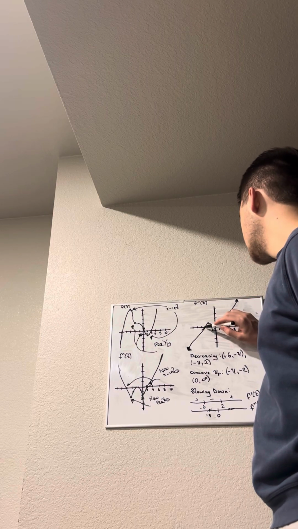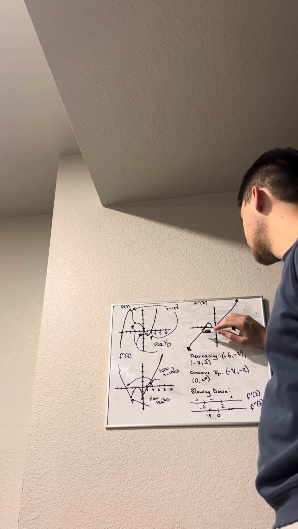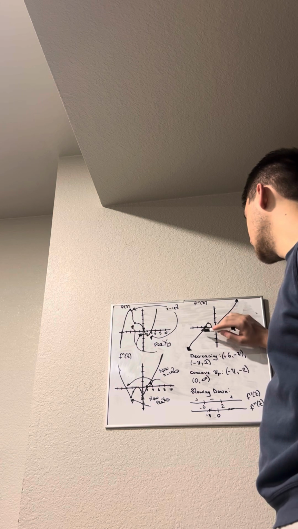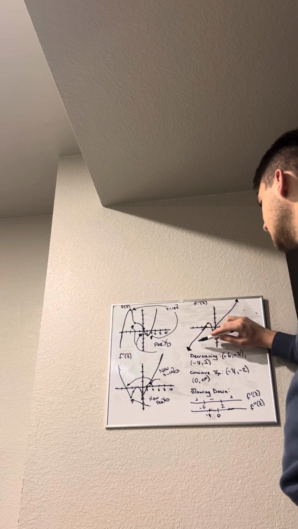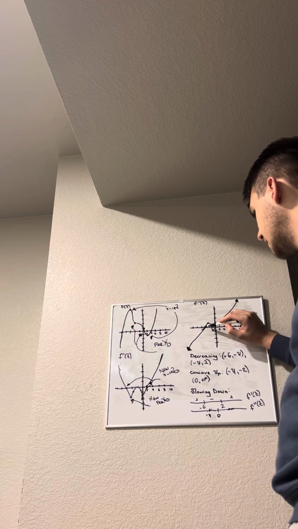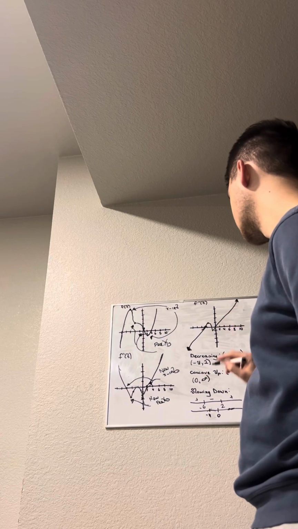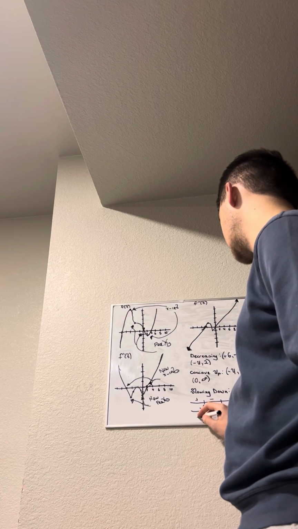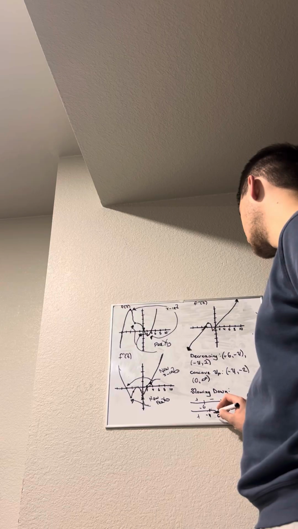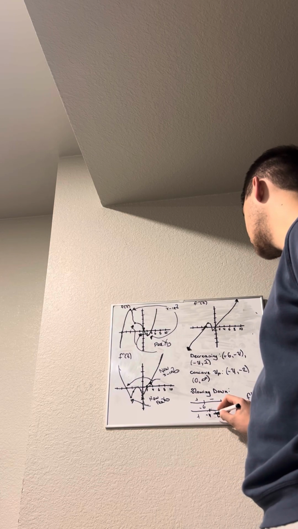And then now looking at f double prime, our x-intercepts are -4 and 0.